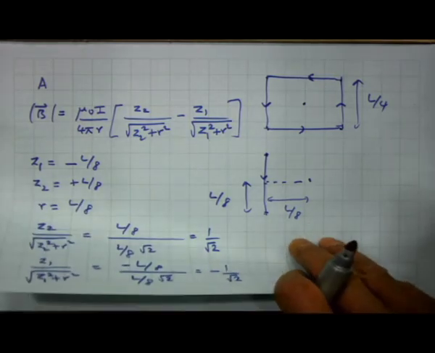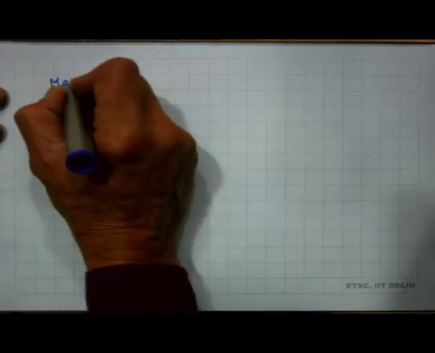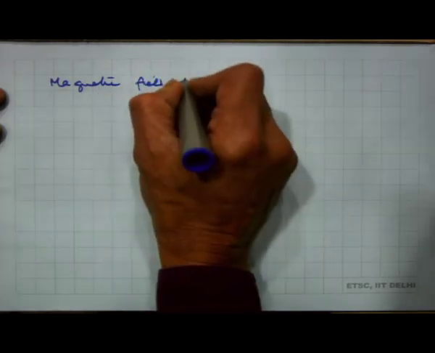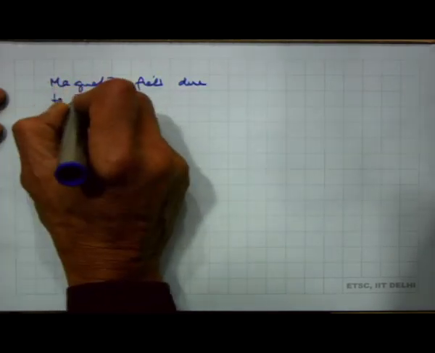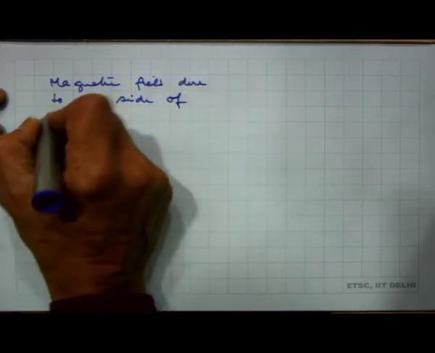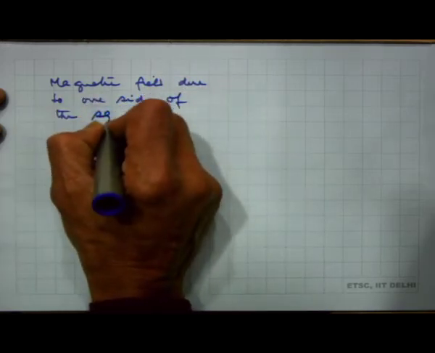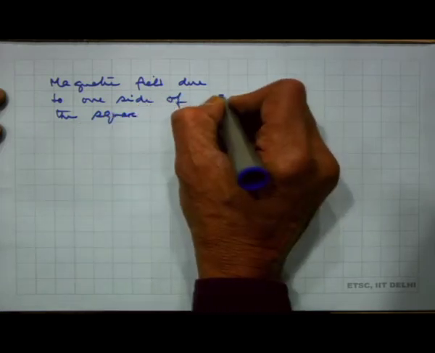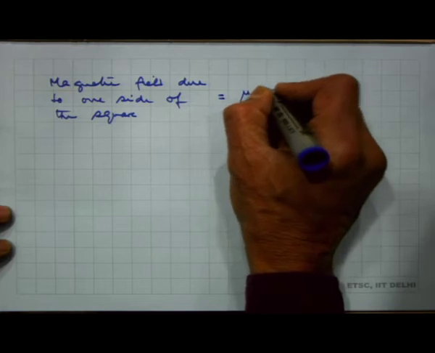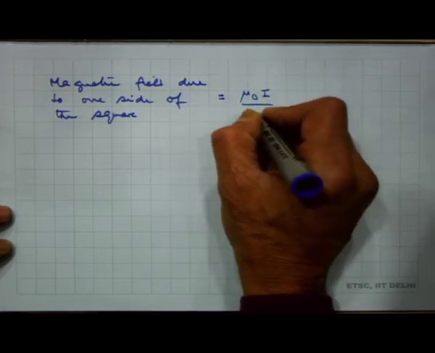So, the magnetic field due to one side of the square will be equal to mu naught I by 4 pi into L by 8.